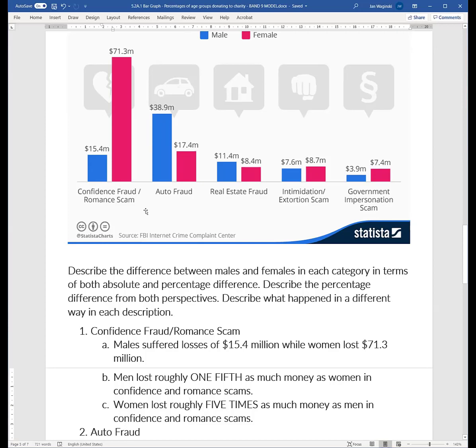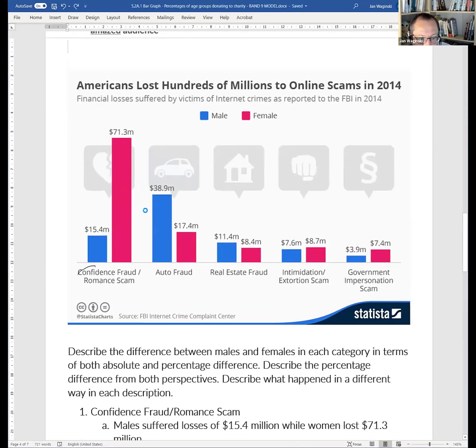So for this, we're just looking at the first one. For the confidence, fraud, and romance scams, men lost 15.4, women lost 71.3 million. So the ratio between these is approximately 5 times. Yes. So that's the meaningful comparison that you need to make.